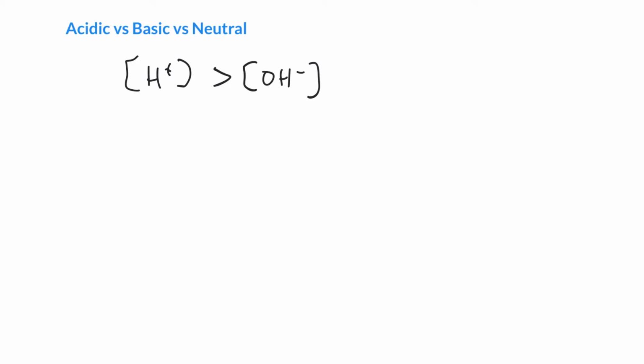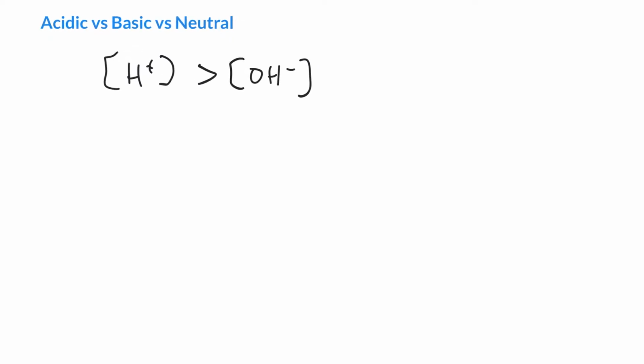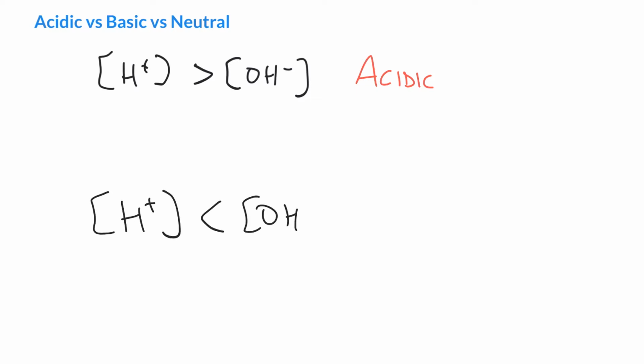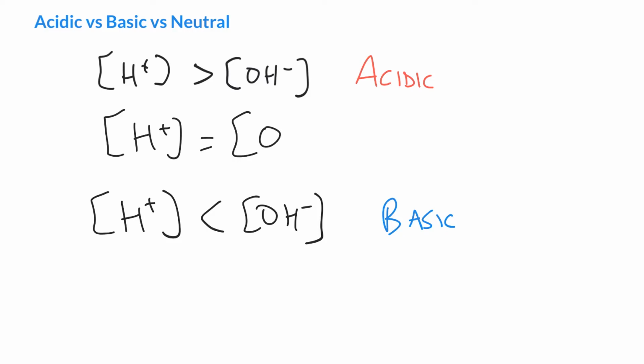If the H+ concentration is bigger than the OH- concentration, we say that this is an acidic solution. And if the H+ concentration is smaller than the OH- concentration, we say that this is a basic solution. And when those concentrations are identical, then we say it's a neutral solution.